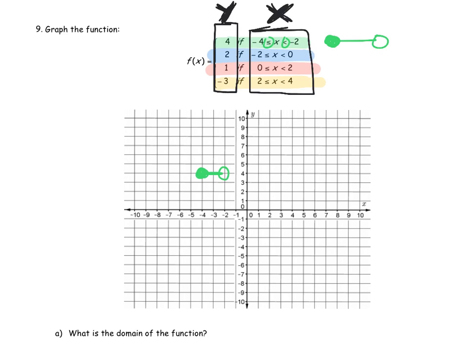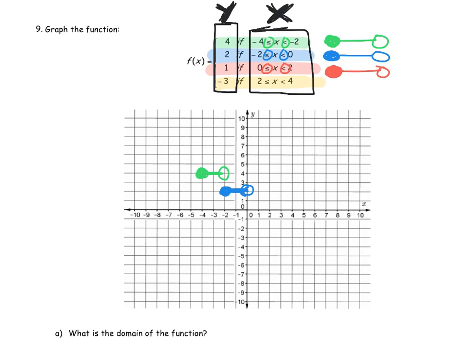For the next piece, again, it's closed and then open because of the pieces here and here. So when x is between -2 and 0, my y value is 2, and I connect them with that straight horizontal line. Again, closed circle to open because of the signs here and here.